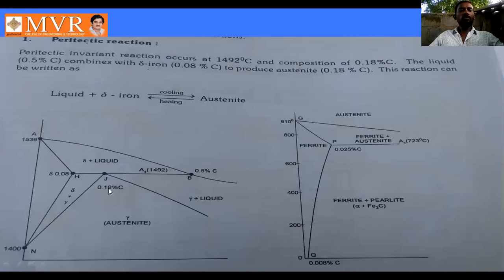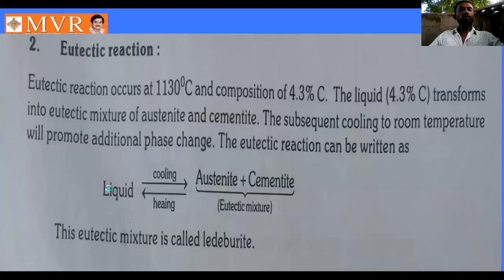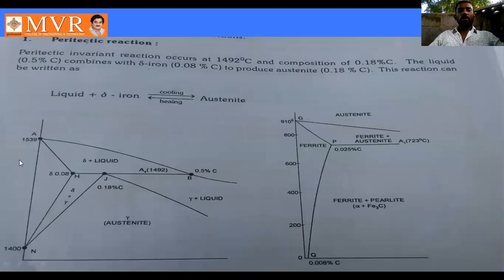So see here amma, in this diagram we can see austenite. So it is a ferrite and ferrite also. So see here, austenite. So 1539 degrees onwards we can see first one is delta, liquid plus delta. So the composition is nothing but 0.08.